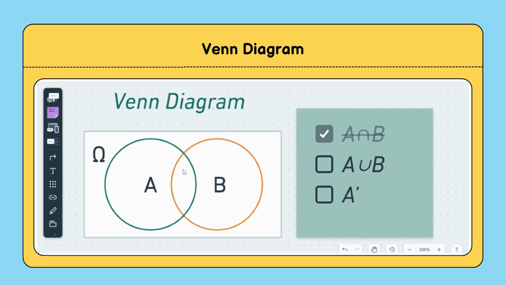The union, of course, is pretty obvious. The union would be all of A and all of B. So if you want to color it, you would color all of A and all of B together.